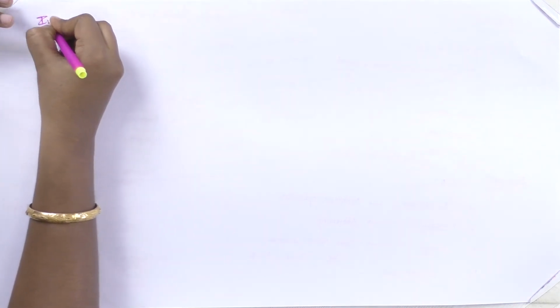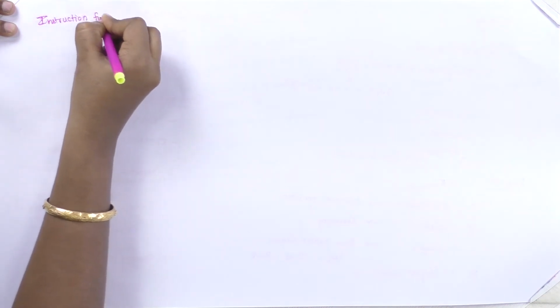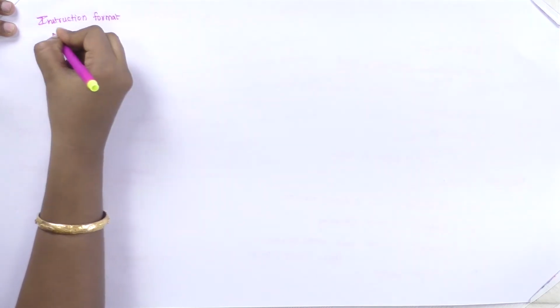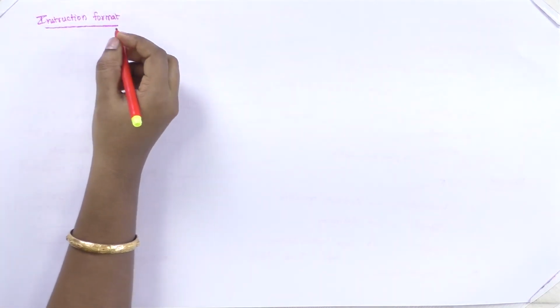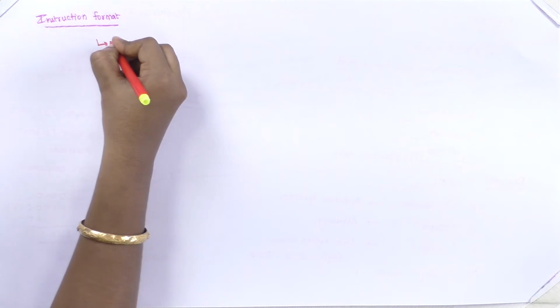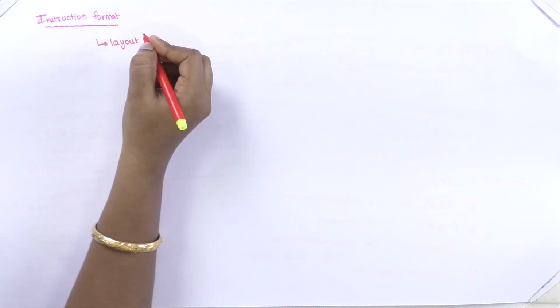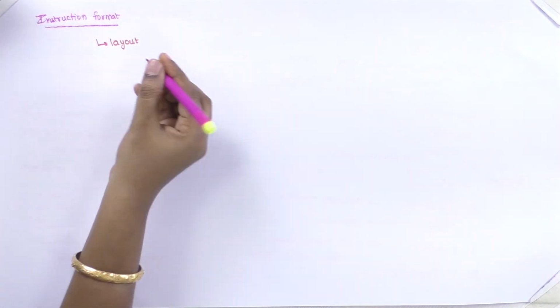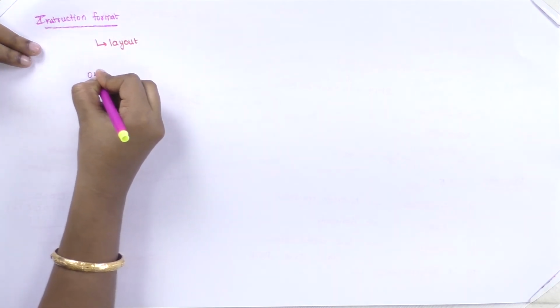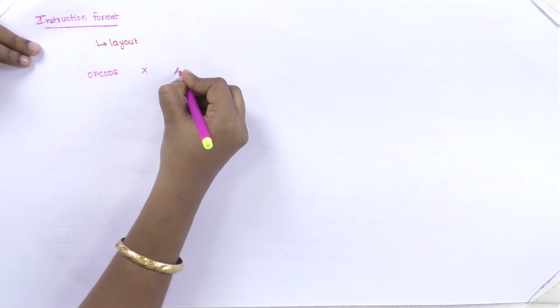Next hardware feature is instruction format. Instruction format defines the layout of the bits of an instruction in terms of its constituent parts. So the layout used in SIC is opcode, X and address.